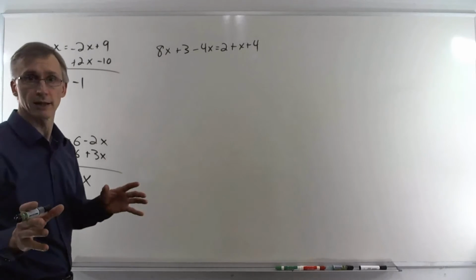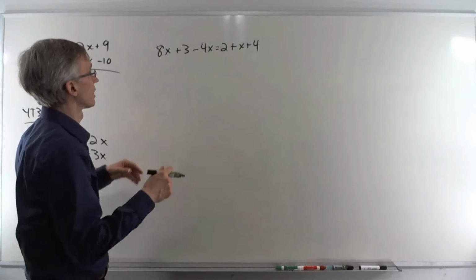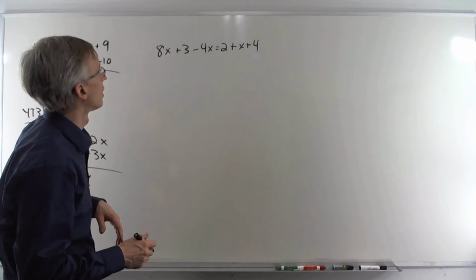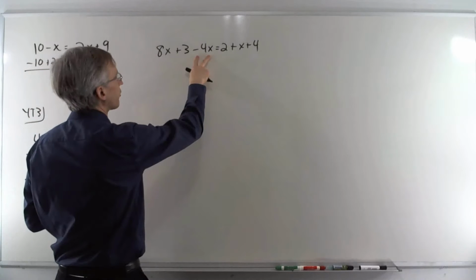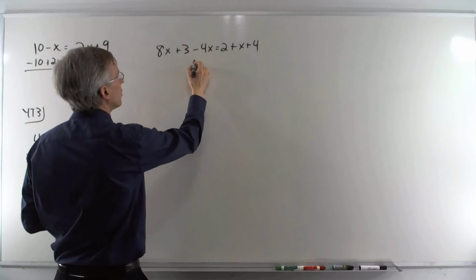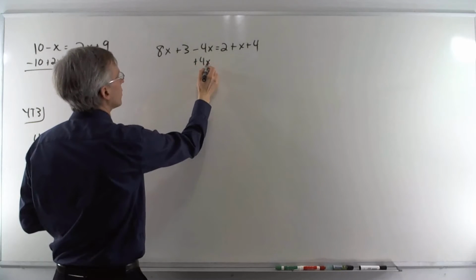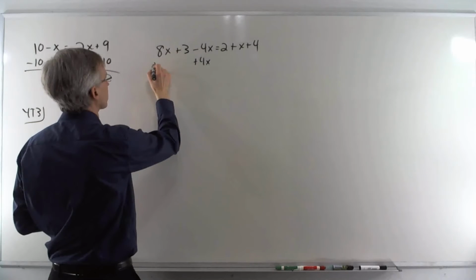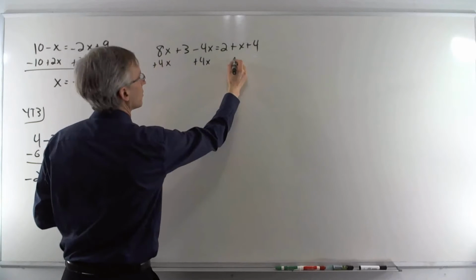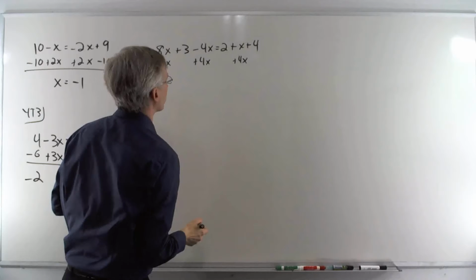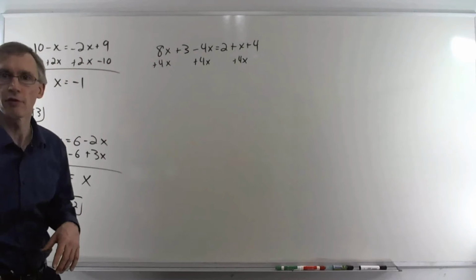Now, a big mistake that I see when working on an equation like this is, oh, we've got negative 4x, I want to get rid of that, so I'm going to go plus 4x here, and then I've got another x term here, so I'll go plus 4x here, and plus 4x here. So everywhere you see an x, you put a 4x in there.